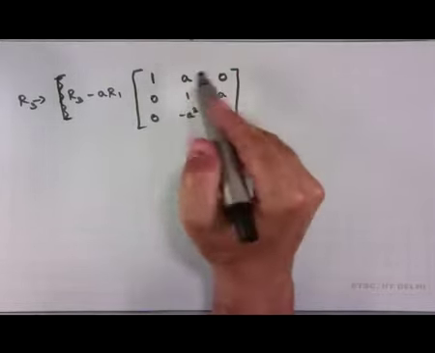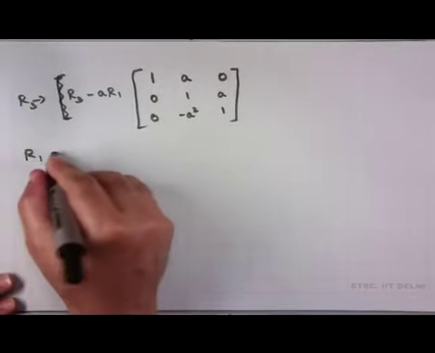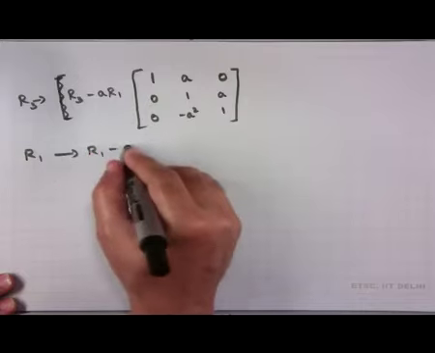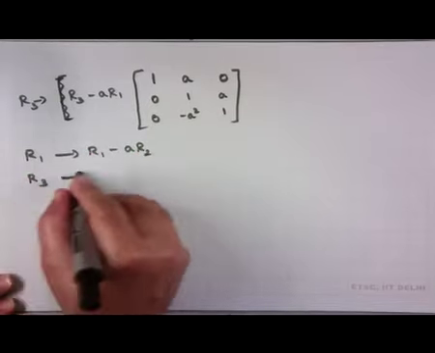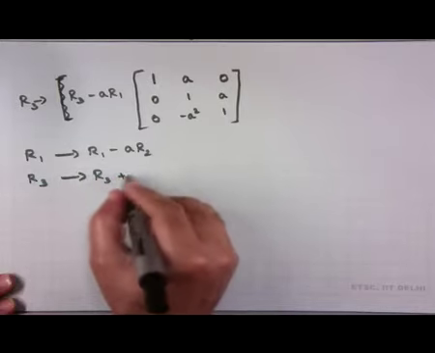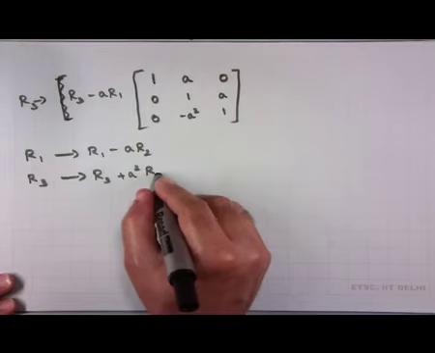So, let us convert the other two elements A and minus A square into zeros. R1 is replaced by R1 minus A times R2, and R3 is replaced by R3 plus A square times R2.